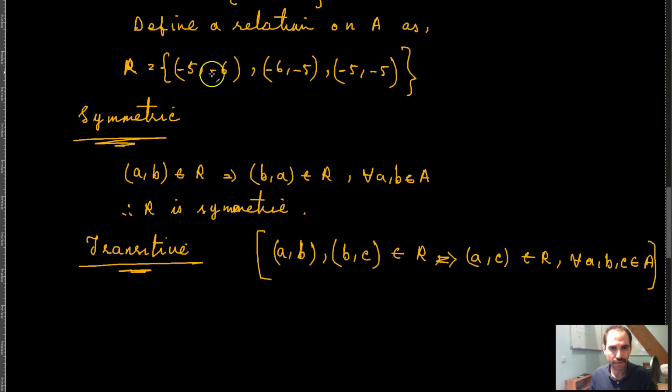Now over here these two elements can again be taken together, and so (-5, -5) has to belong to R, which is this element here. But these two elements you cannot take together, because over here you have a -6 and over here you have a -5, and so they just don't go together that way.